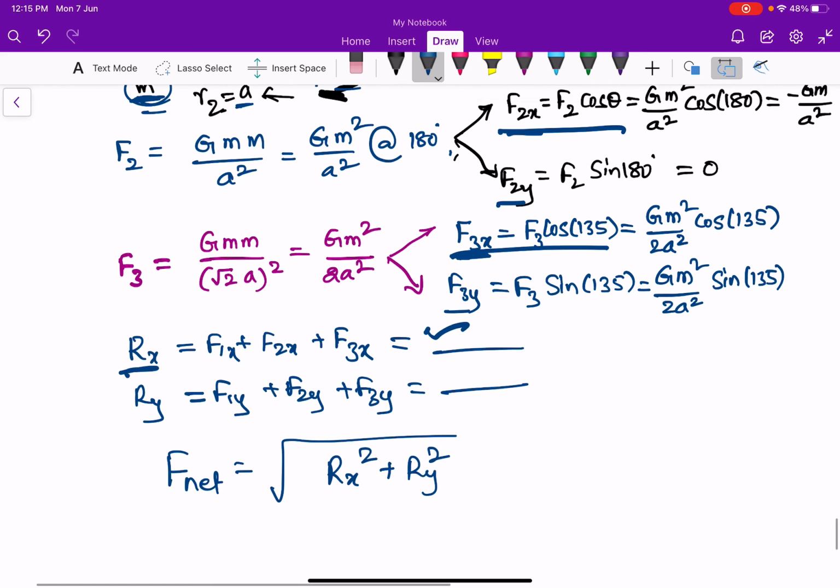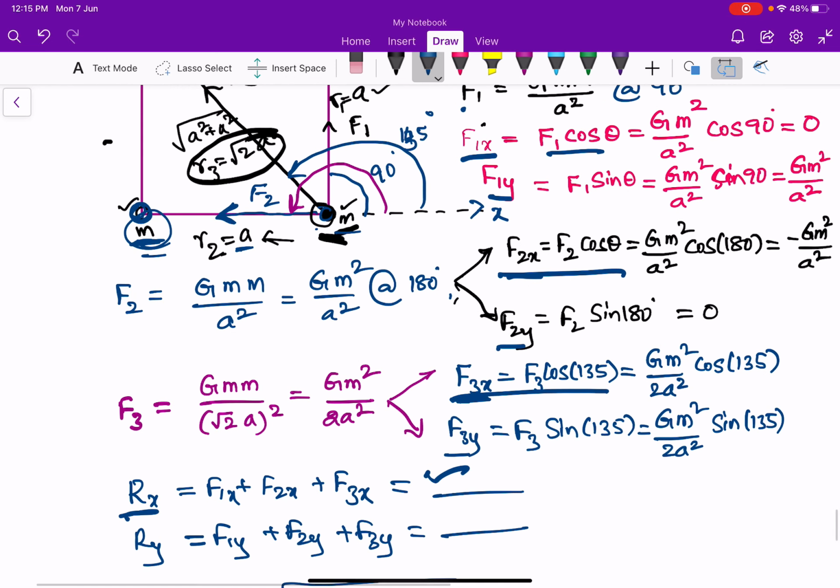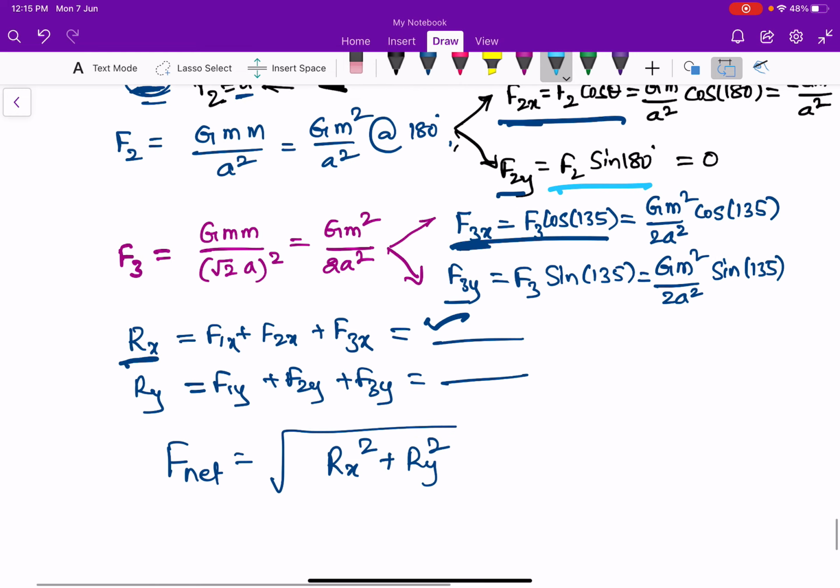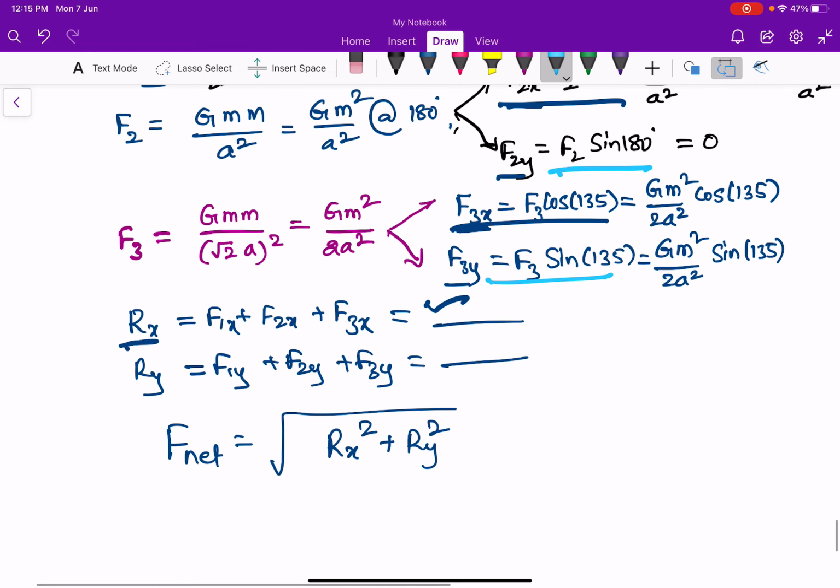By adding F1y, F2y and F3y, you will get Ry. So by using this formula, the magnitude of the net force equal to under root of Rx square plus Ry square, by substituting in this, you will get the answer for question number 8.